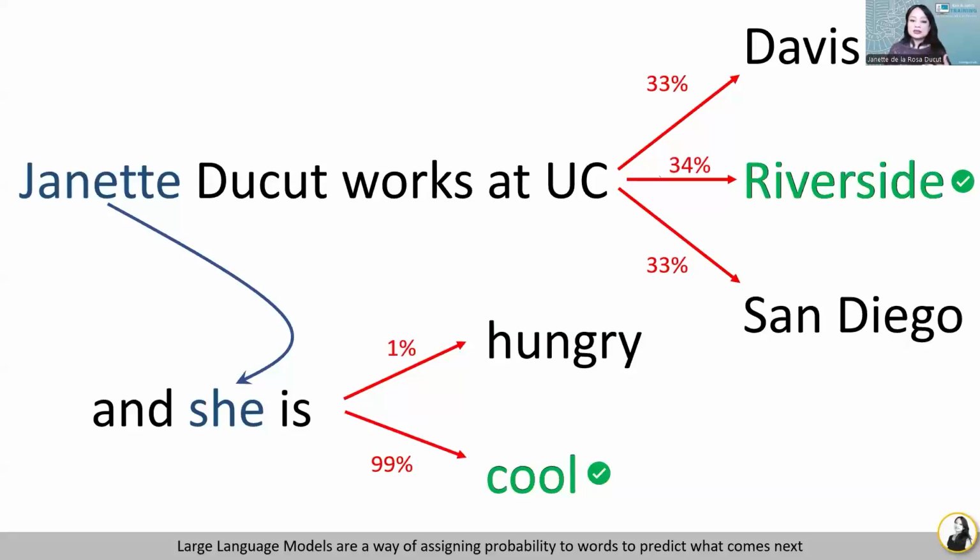So if people are assigning probability to words, then that can be bias, for example, that goes into the training of AI. And if those words are embellished with bias to begin with, the junk that goes in is also the junk that goes out, then that's bias that people are going to get.